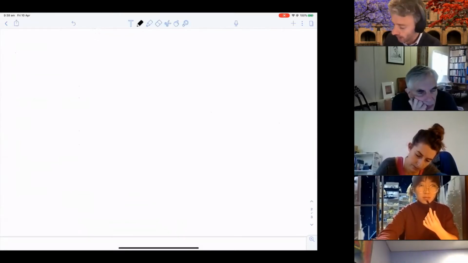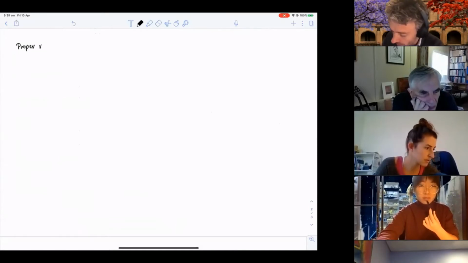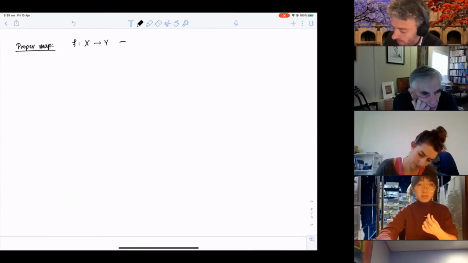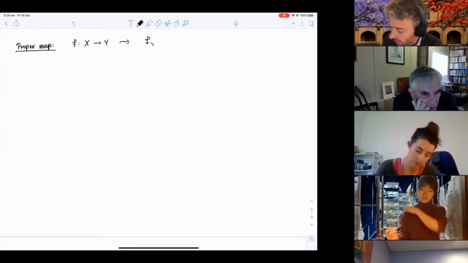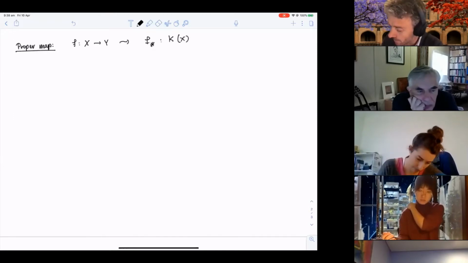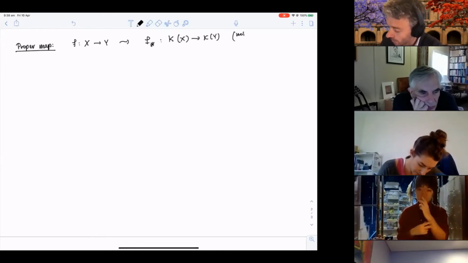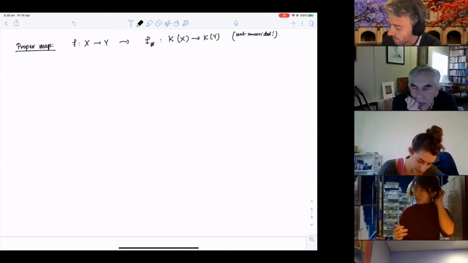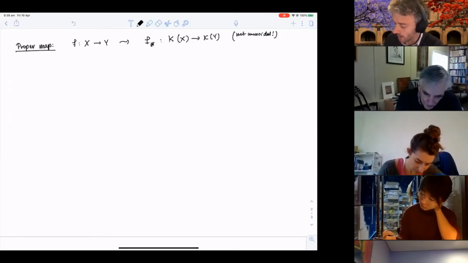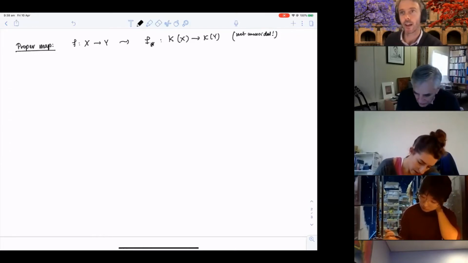Okay, so if we have a proper map, this induces F star between the K groups. And note that this is not monoidal. I've been through before the fact that you have various functors.